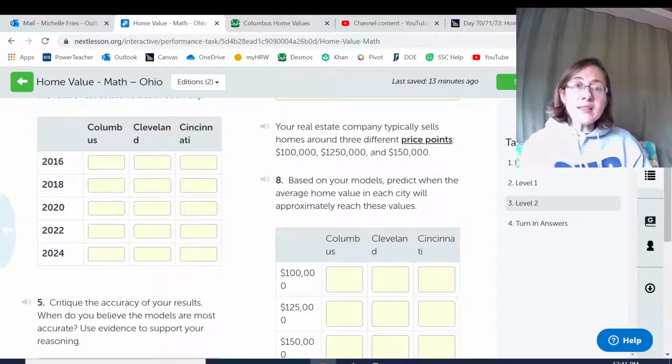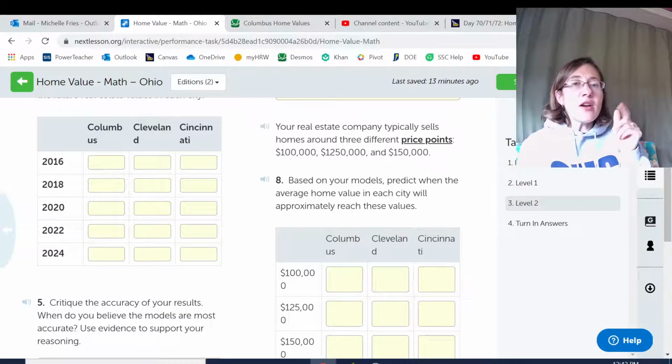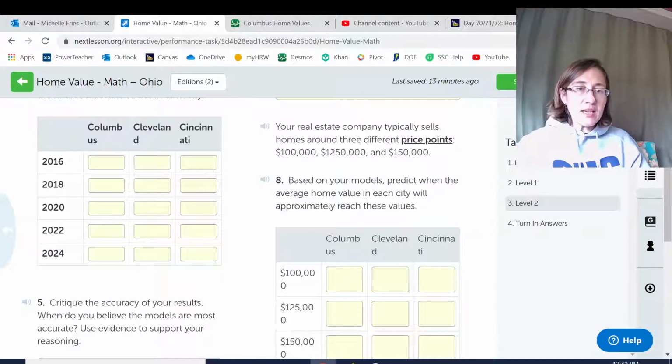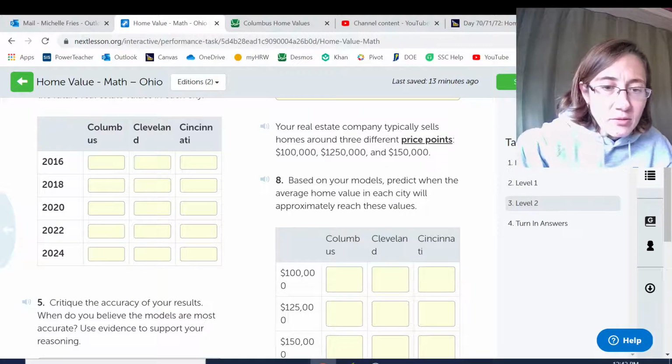It says your real estate company typically sells homes around 3 different price points. $100,000 homes. That next one should be $125,000 homes. There's an extra 0 on there, typo. And $150,000 homes. So we want to see in number 8, based on our models, predict when the average home value in each city will approximately reach those values.